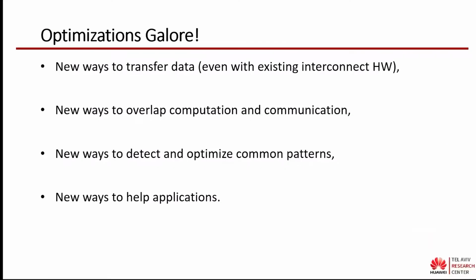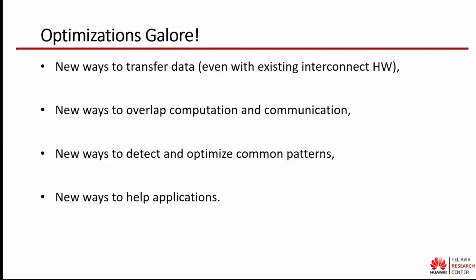Optimizations, this is the more vague part of the roadmap. New ways to transfer data with existing interconnects means getting more juice out of the existing hardware we have. We have pretty good hardware, both the ones we develop in-house and the ones we buy from other vendors. New ways to overlap communication and computation. Actually, a lot of the work on the counters has this goal in mind. New ways to detect and optimize common patterns.